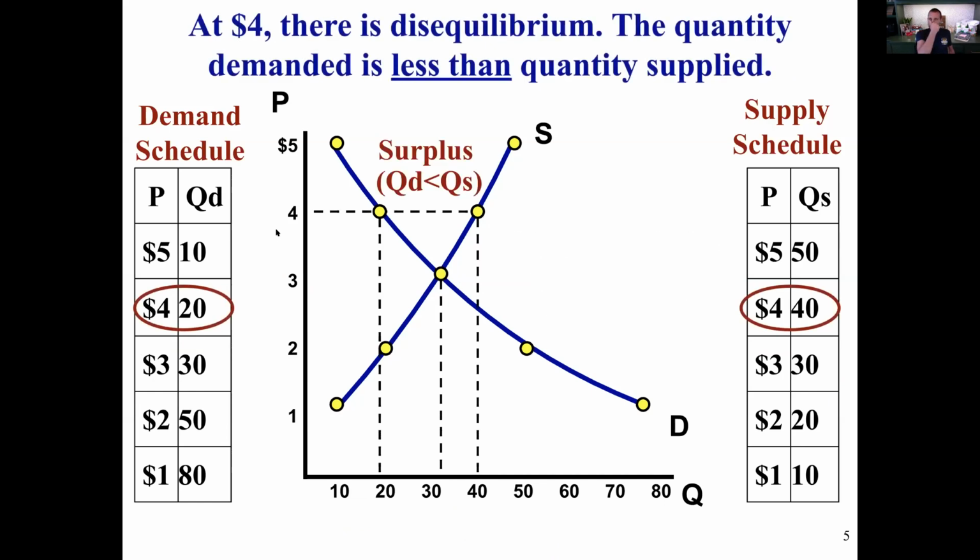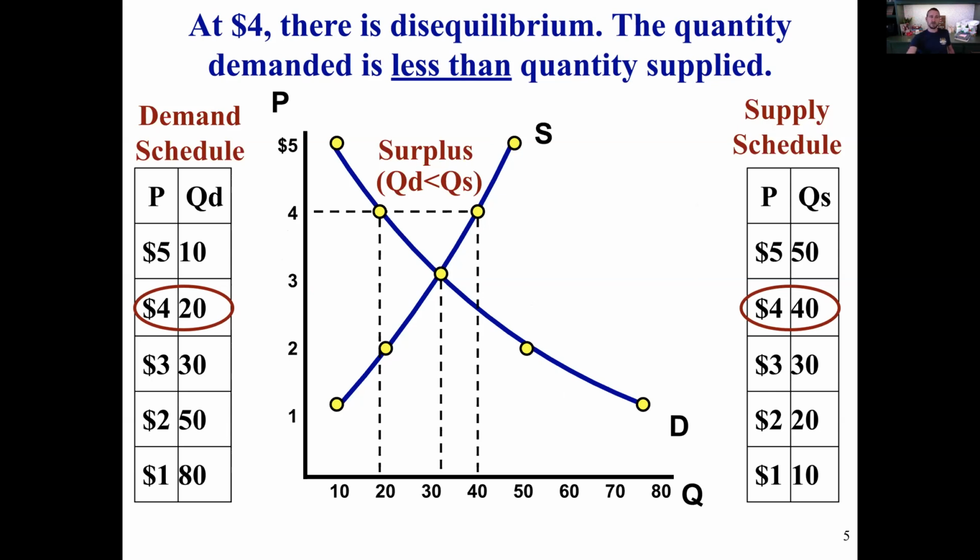Okay, if the price is currently $4, we're clearly in disequilibrium here, right? If the price is $4, according to your demand and supply schedules, the quantity supplied is greater than the quantity demanded, meaning we're in disequilibrium. We have a surplus of 20 units here. So the way firms will get rid of this surplus is by offering these goods at a lower and lower price.